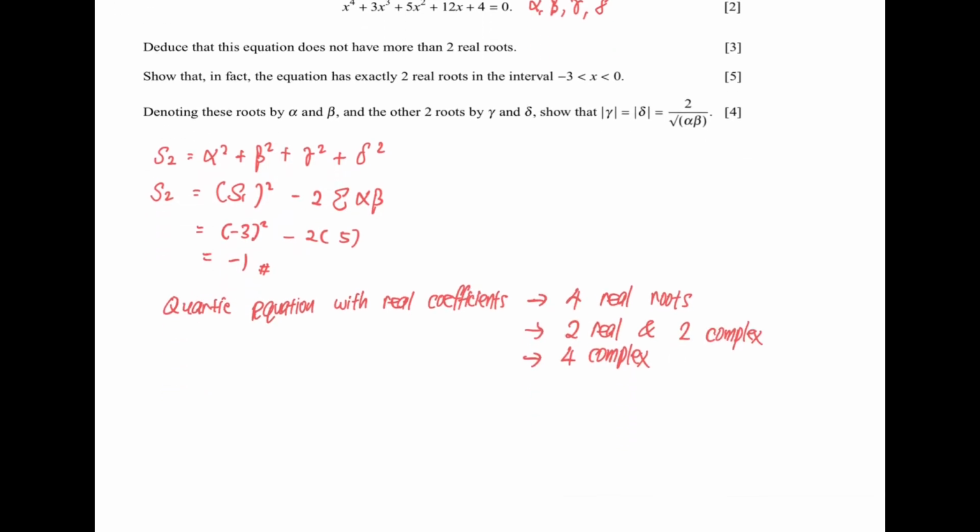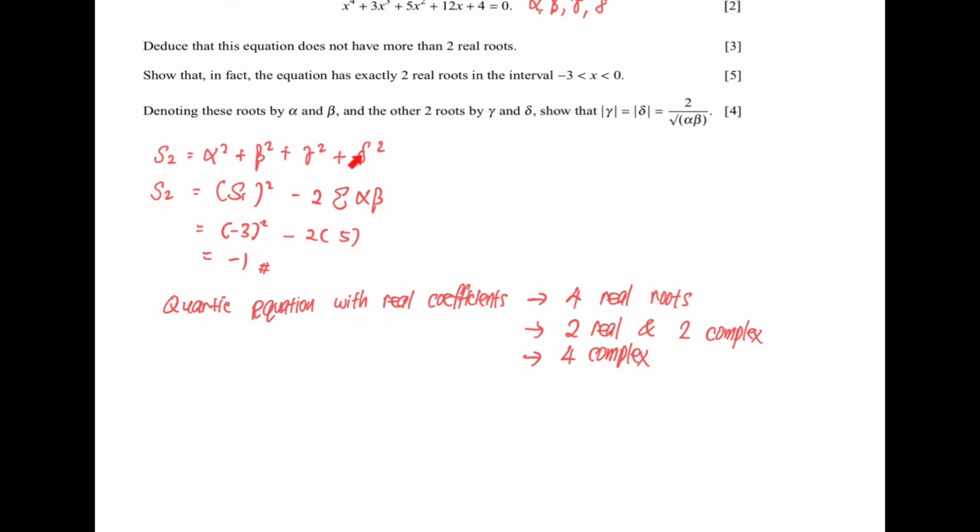Okay, and we have to reject the first situation. We have to reject that it has 4 real roots. The reason is, if it has 4 real roots, where alpha, beta, gamma, and delta are real, and if you square the real numbers, they will become positive, positive, positive, and positive.